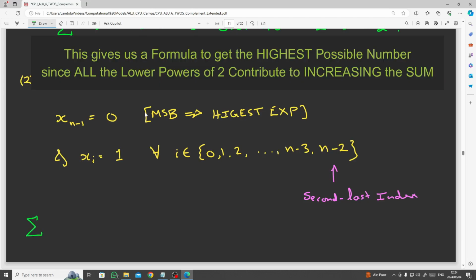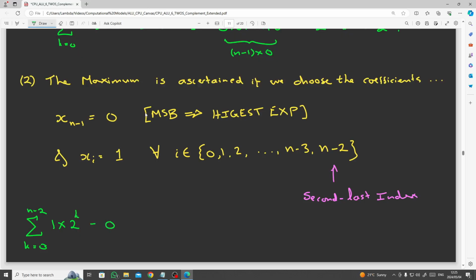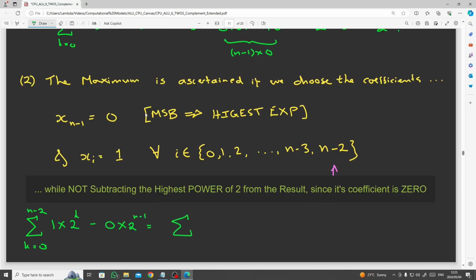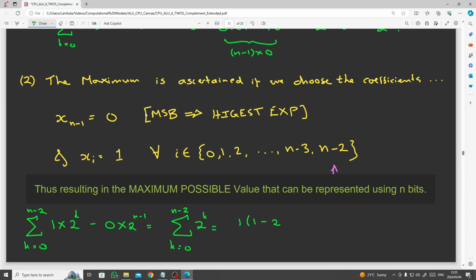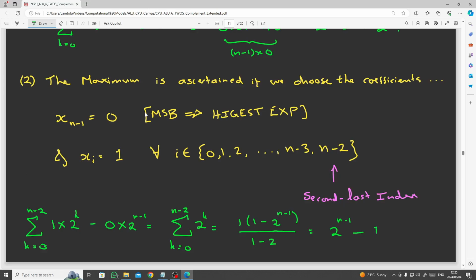This evaluates to the highest possible number since all the lower powers of 2 contribute to increasing the sum, while not subtracting the highest power of 2 from the result, since its coefficient is 0, thus resulting in the maximum possible value that can be represented using only n bits.